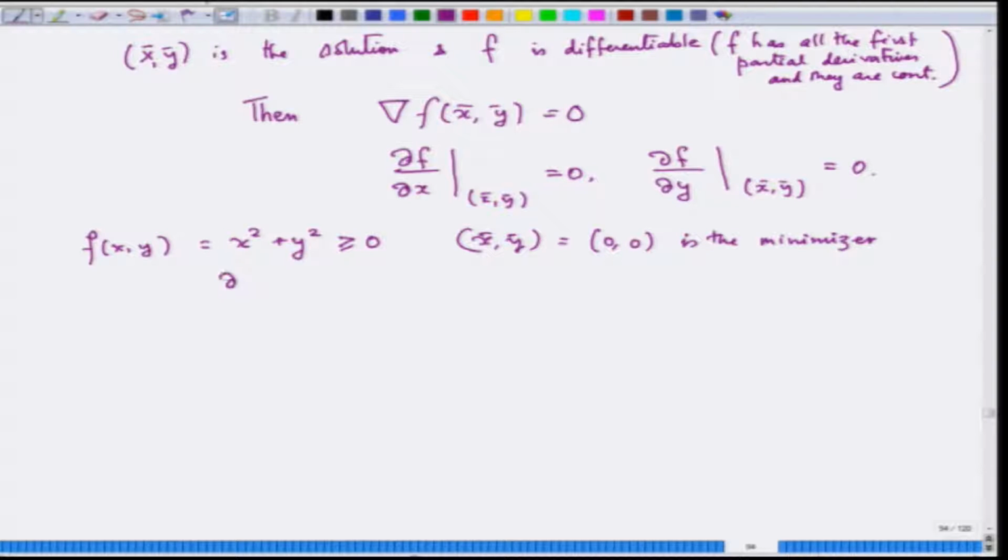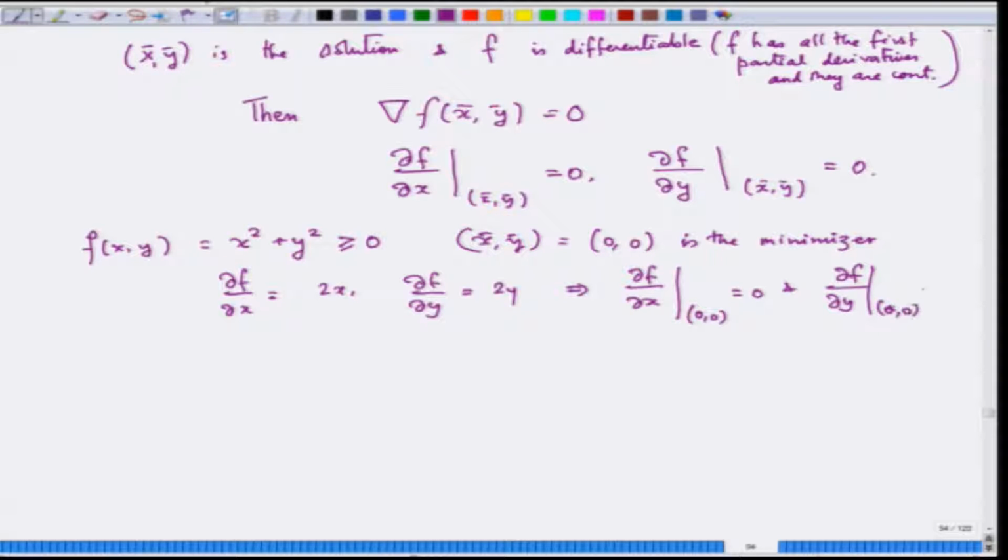If you take del f del x, it is 2x, and del f del y is 2y, and this implies that del f del x at the point 0 0 is 0, and del f del y at the point 0 0 is also 0, which validates what we have said, but these are just necessary conditions and need not be sufficient.